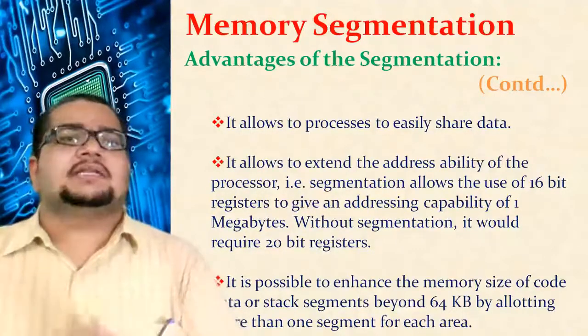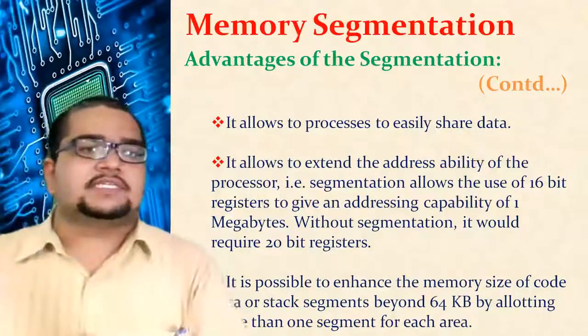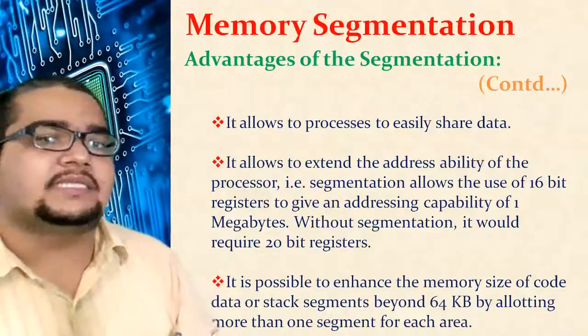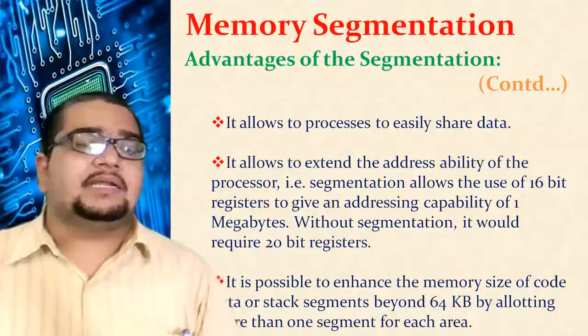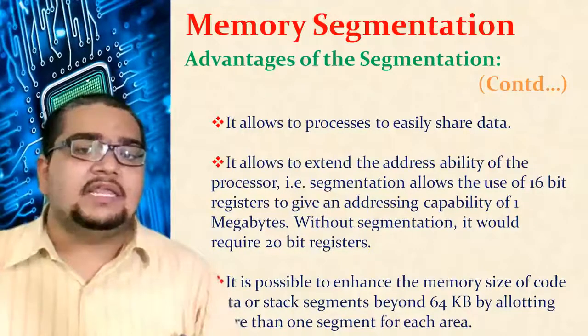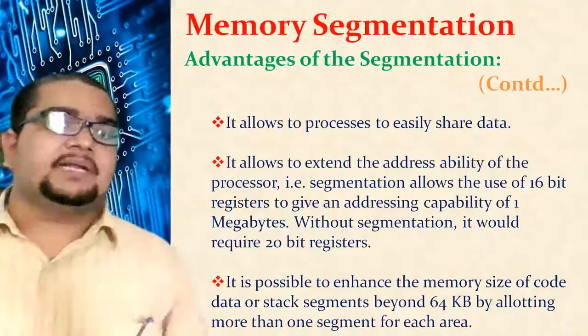Okay. Another reason is that segmentation in 8086 has advantages, but it all started due to one particular limitation of the 8086: it does not have any one register which can hold a complete 20-bit address.